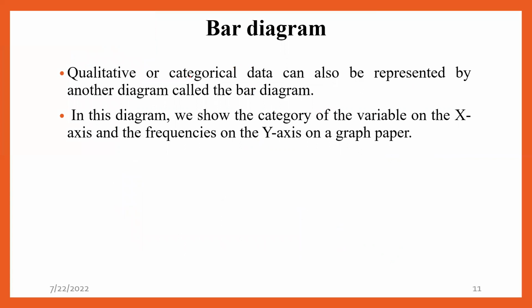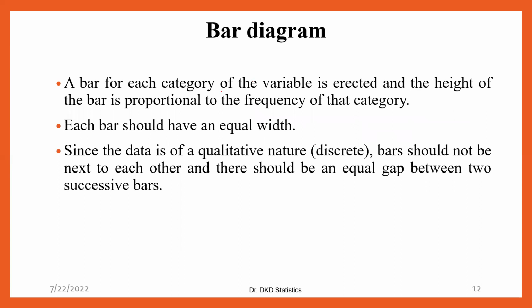Qualitative bar diagram. How do we create the bar diagram? Qualitative or categorical data can also be represented by another diagram called the bar diagram. In this diagram, we show the category of the variable on the x-axis and the frequency on the y-axis on a graph paper, and a bar for each category of the variable is erected.